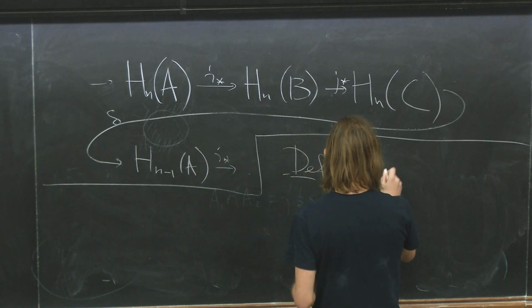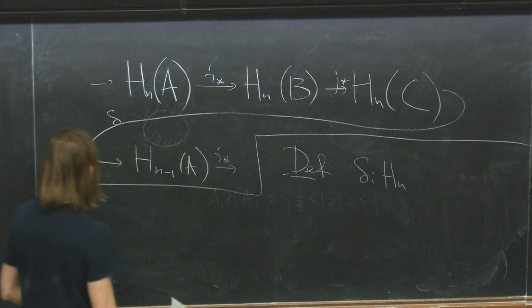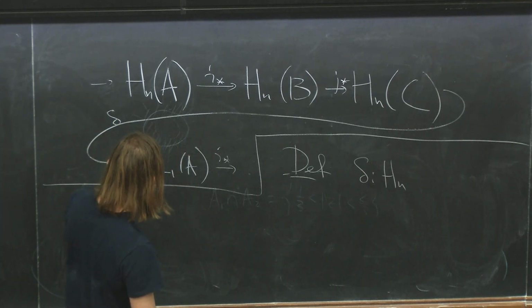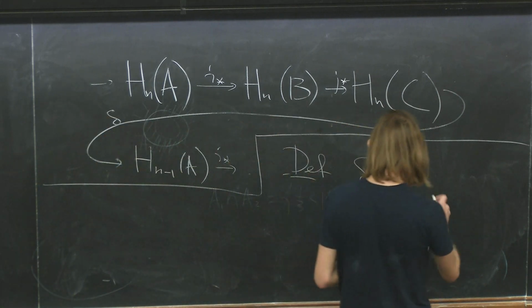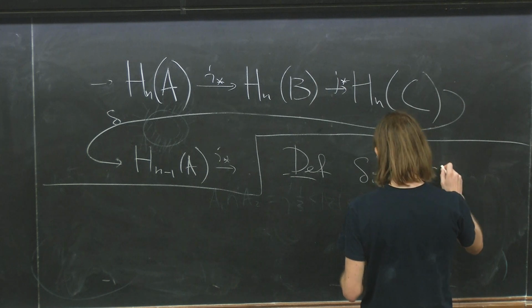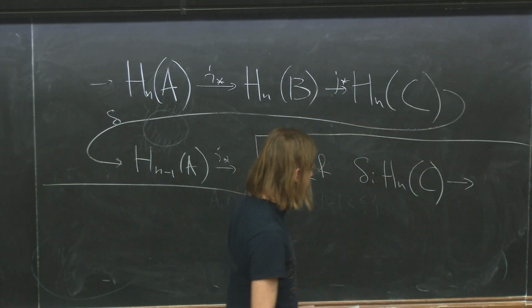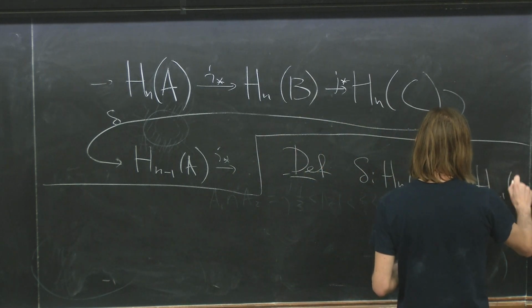Delta is sometimes called a connecting homomorphism. It connects these parts of this long exact sequence. It's a homomorphism from the abelian group Hn of C to the abelian group Hn minus 1 of A.